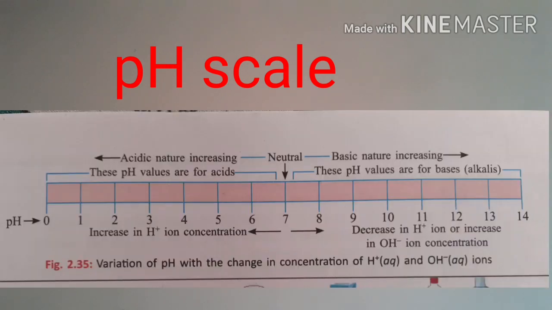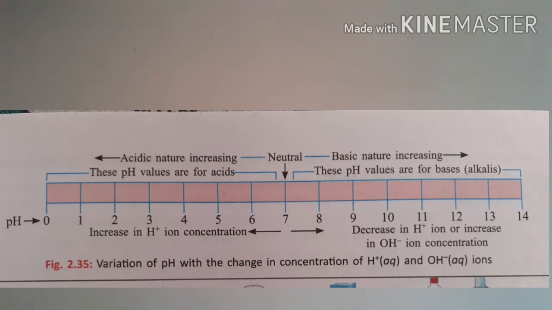pH scale. In pH scale, P stands for potence, meaning power. H, hydrogen ions. Thus, pH stands for power of hydrogen ions. On pH scale, the value varies from 0 to 14.